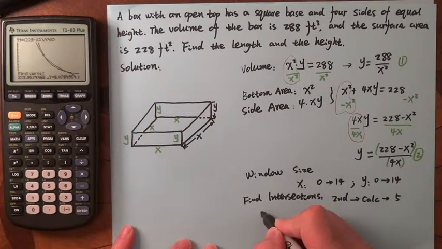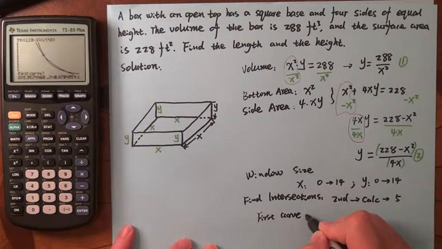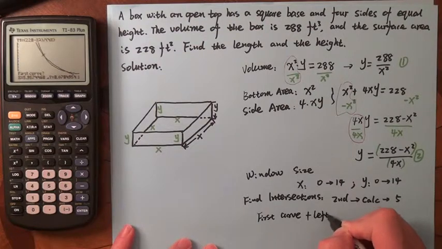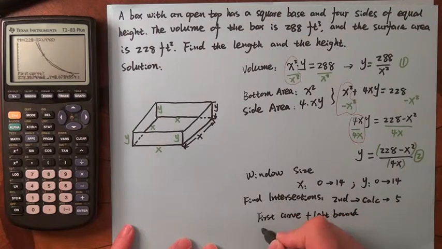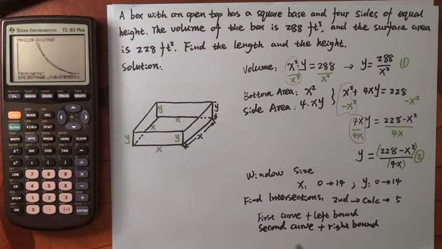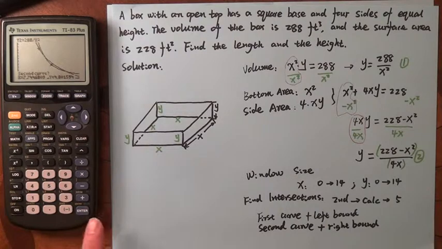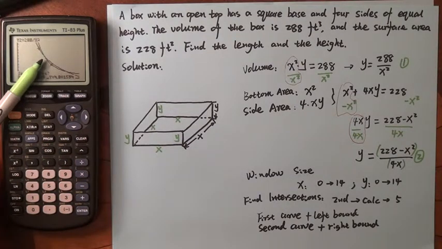Again, you want to do two things: first curve and then left bound, and then second curve and then the right bound. So you see down here, this is the first curve. You hit enter, and then the flashing cursor goes to the second one. You want to move this one down. Then that's on the right hand side of this intersection.